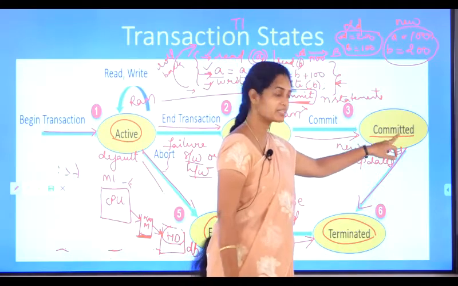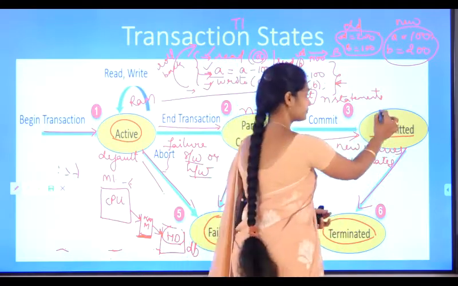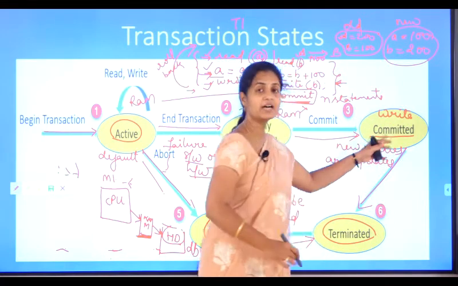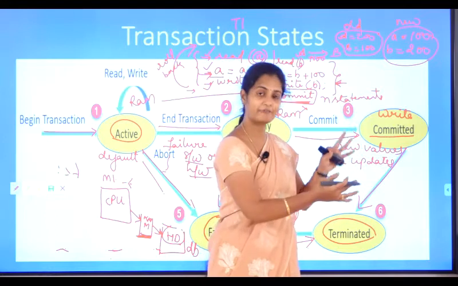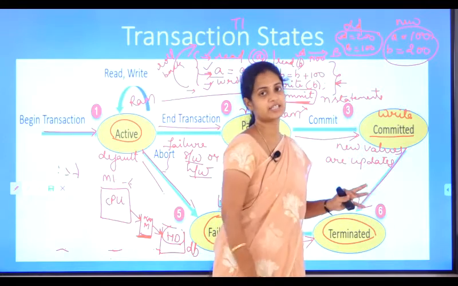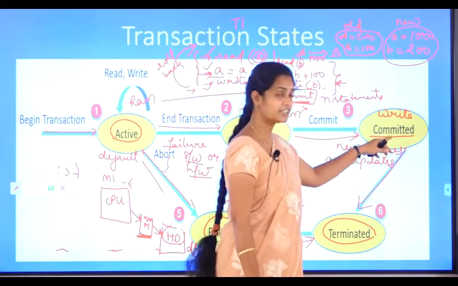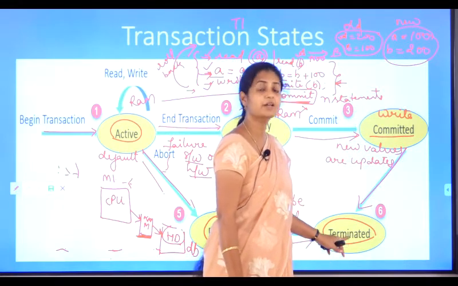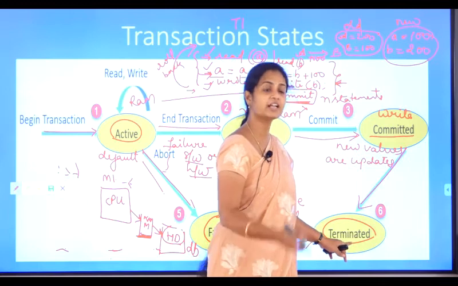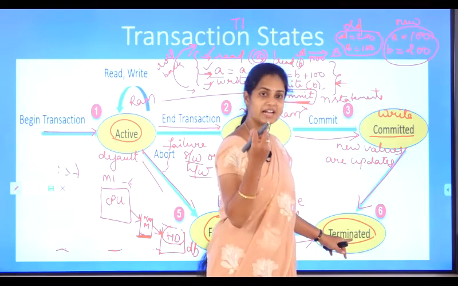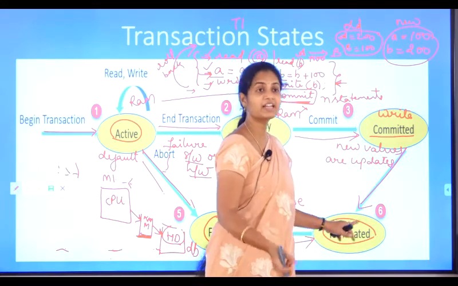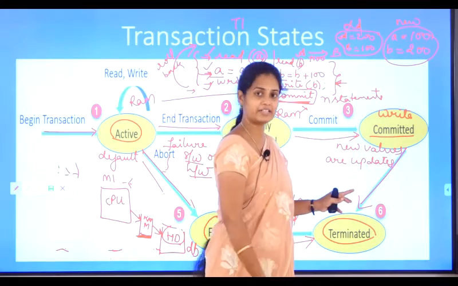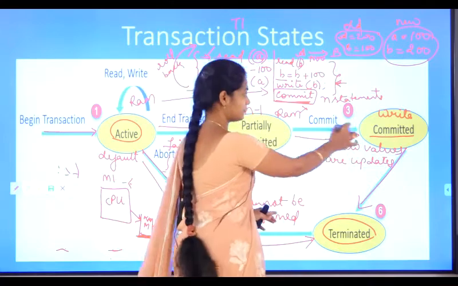Write operations are performed here in the committed state, meaning it will save the changes in the database. Once the changes are done, it will enter into the terminated state. What do we mean by the terminated state? Whatever resources the transaction is holding, it has to release back. It needs to free all the resources. This is one part.